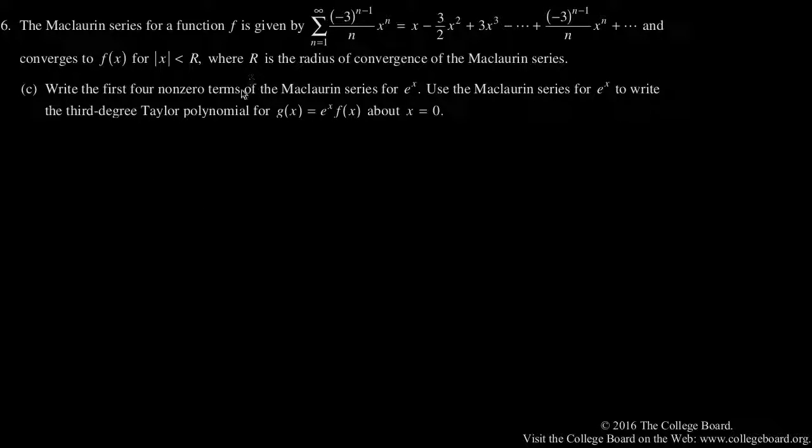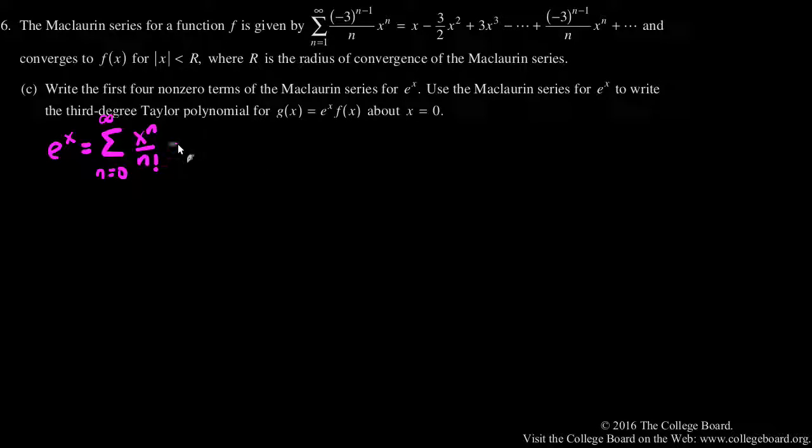So for e to the x, we know that e to the x is going to equal, and here's the rule, the sum from n equals 0 to infinity of x to the n over n factorial.